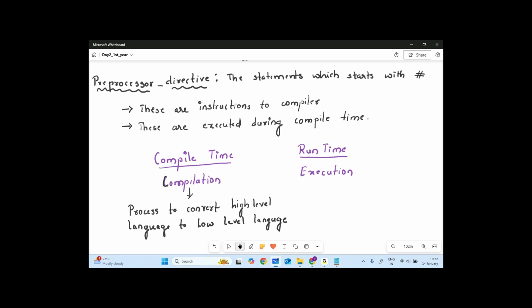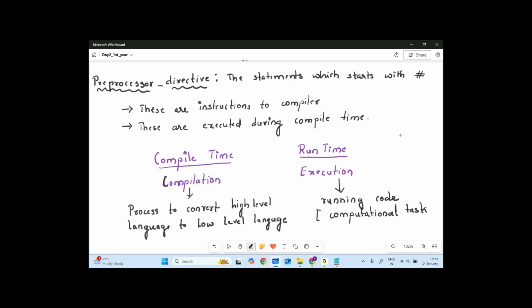So all the preprocessor directives are executed during the compilation process. And what is the meaning of execution? Execution means running the code. Here the computational tasks will occur during this time.